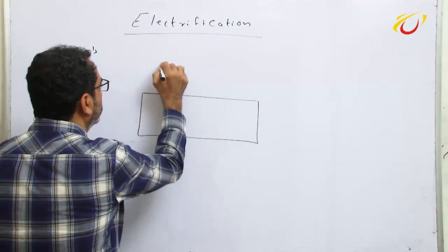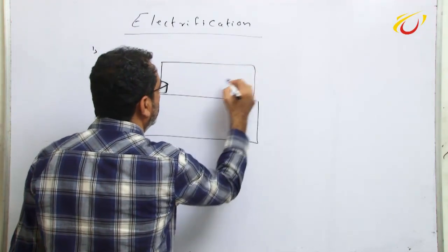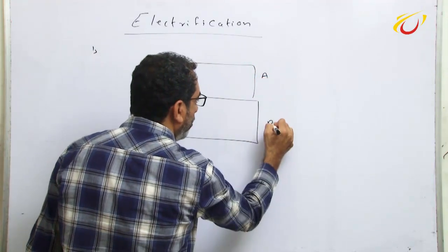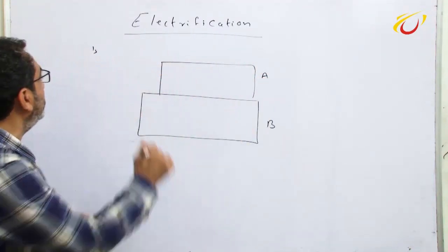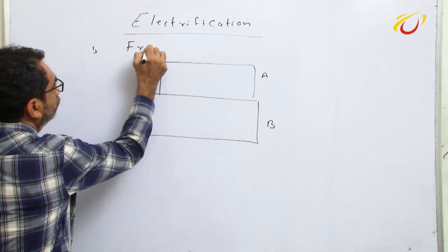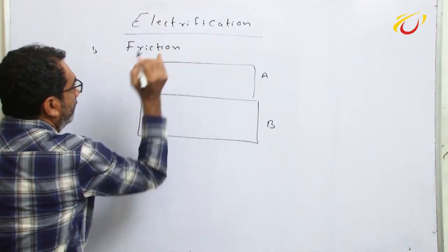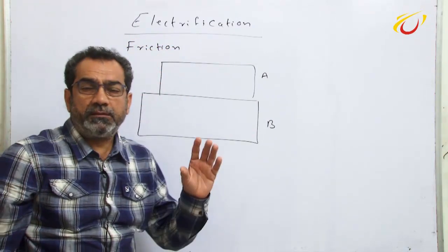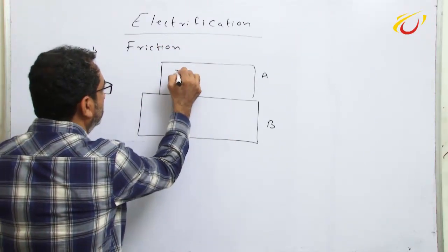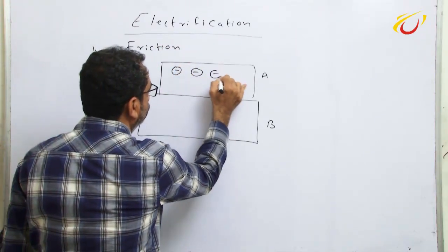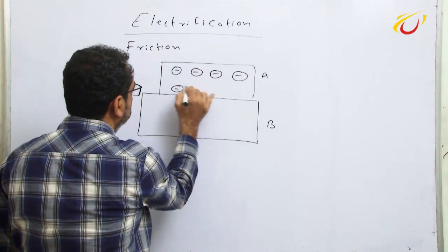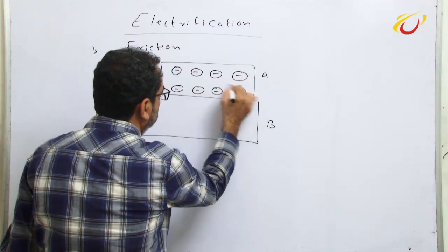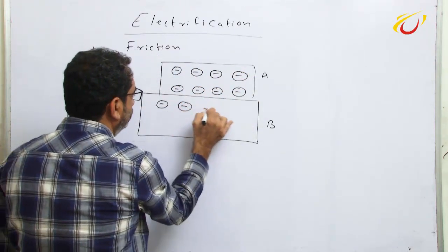Suppose I take two bodies, body A and body B. First we will speak about friction. Suppose in the first body there are electrons, and in the second body again there are electrons.